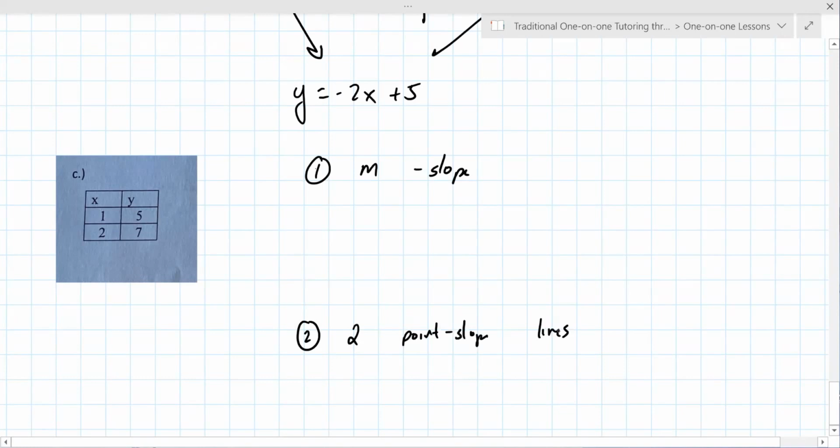So would the first row be like x1 and y1, and the second? Yeah, that makes sense to me. All right. So would I be graphing this? No, you're gonna find the slope. Oh, okay. Oh, y2 minus y1. Okay. I don't know why that took me so long. That's okay.